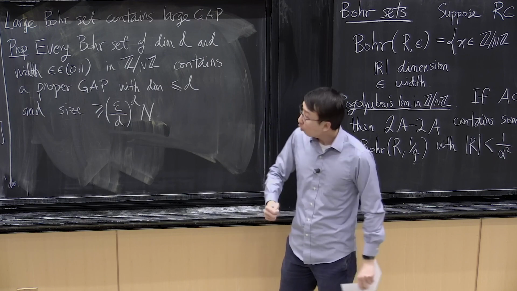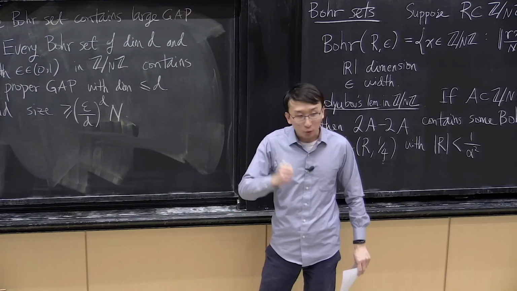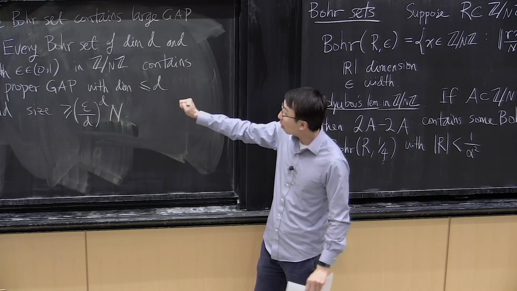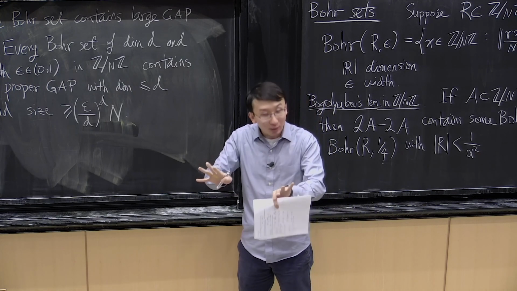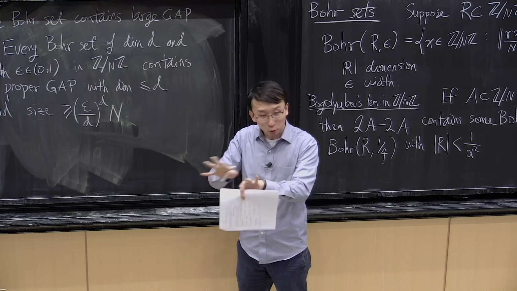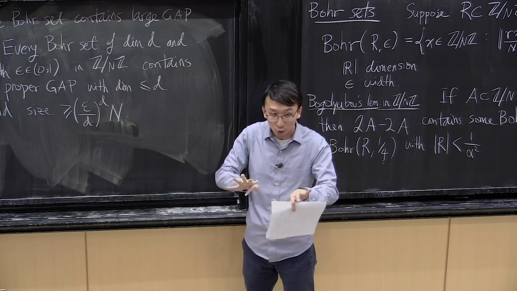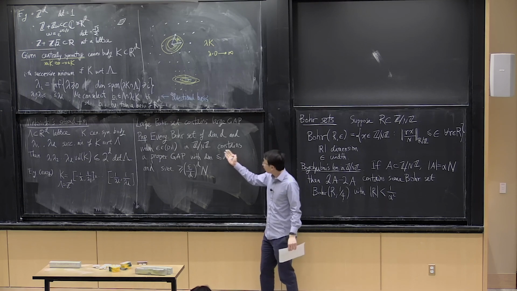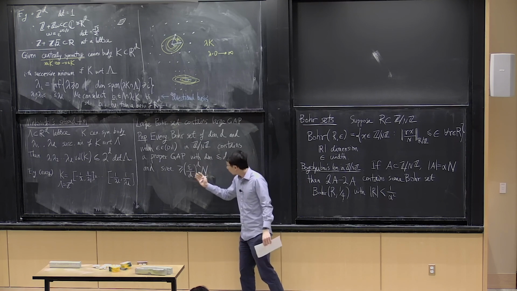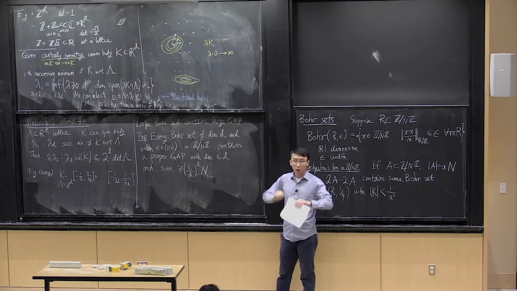And this proposition will tell us that inside this 2A minus 2A, we will be able to find a very large proper GAP. Proper means that in this generalized arithmetic progression, all the individual terms are distinct, so you don't have collisions. So you're going to find this proper GAP that is constant dimension and at least a constant fraction of the size of the group. Okay, so pretty large GAP.